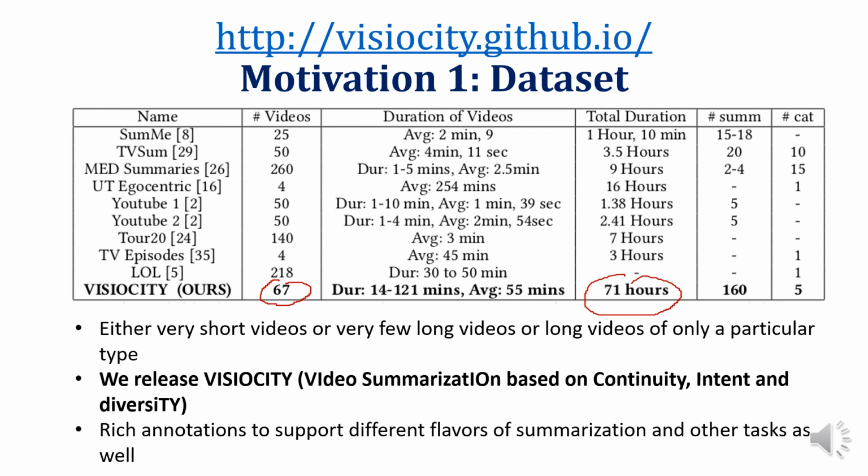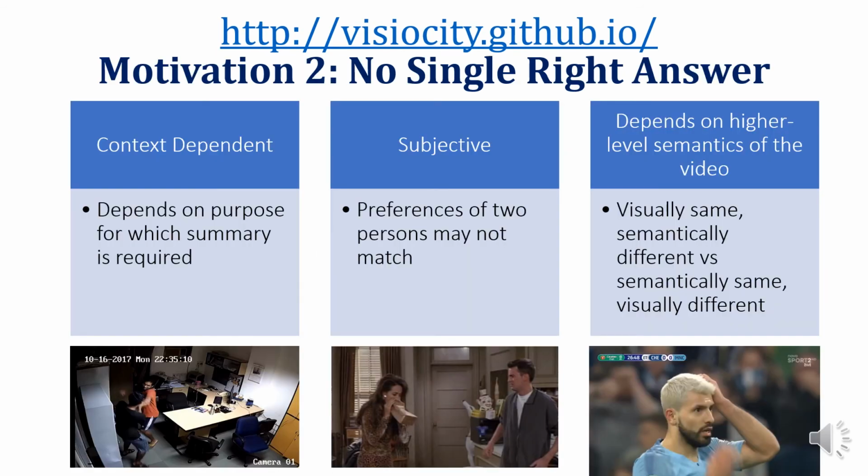So the summarization makes the process of video summarization, ground truth generation, very objective. So this is the other motivation. No single right answer is a characteristic of existing data sets. They're very context dependent, depend on purpose of which summary is required. A birthday summary will be very different from say a surveillance summary.